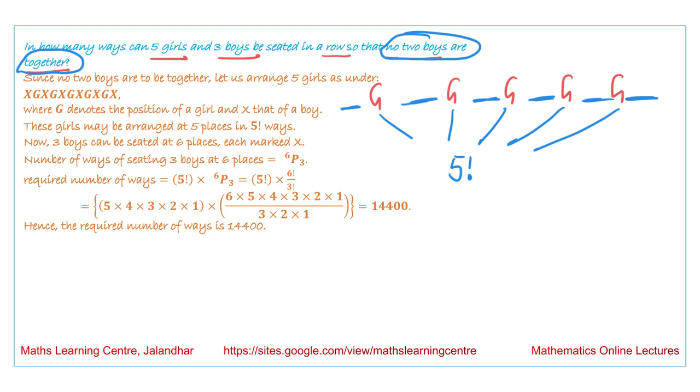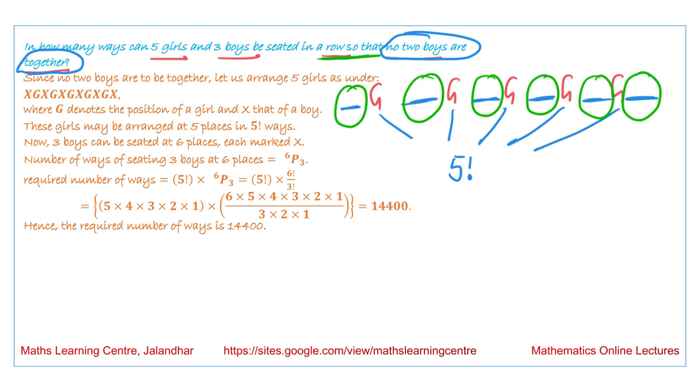Now for the boys we have 1, 2, 3, 4, 5 and 6 positions. It is given that they are to be seated in a row. The number of boys is 3. So out of these 6 positions we have to arrange 3 boys, and we use permutation because the ordering of the boys matters, which boy is given which position matters.